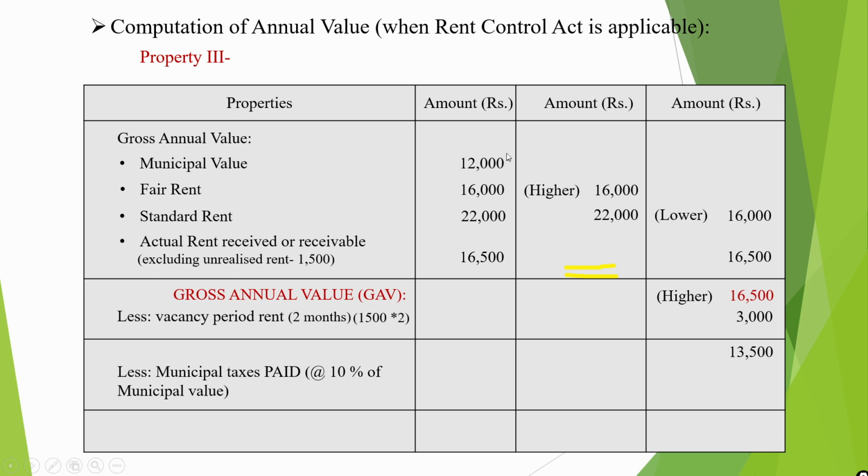Municipal value of house property 3 is 12,000. On that 12,000, 10% municipal taxes is rupees 1,200. This 1,200 you have to deduct from adjusted GAV, that is 13,500. Then you will get the net annual value rupees 12,300.